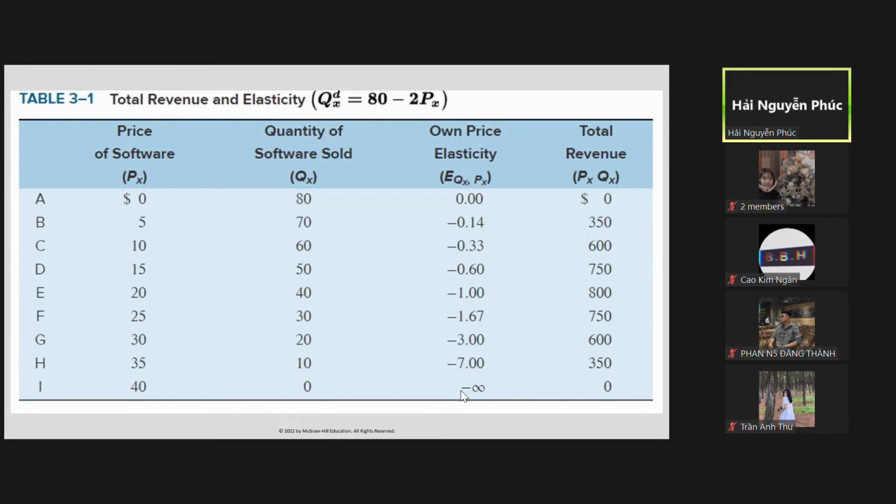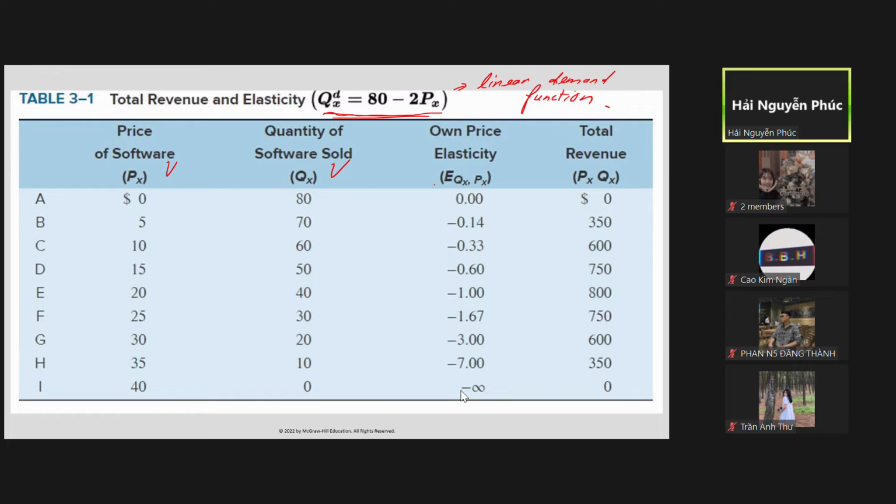Let's have a look at the following table. It contains the following information. First of all, the price, then the quantity. We have a linear demand function, here it is: Qx equals 80 minus 2x. Pay attention to the fact that we have a linear demand function.